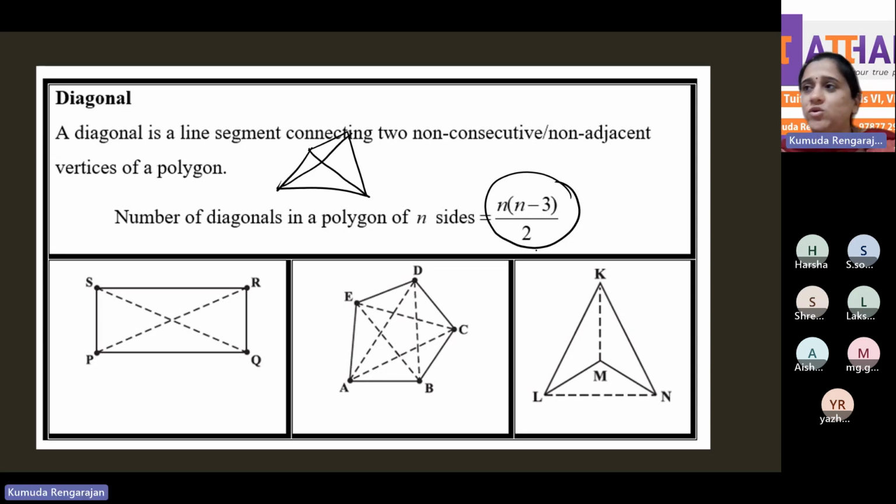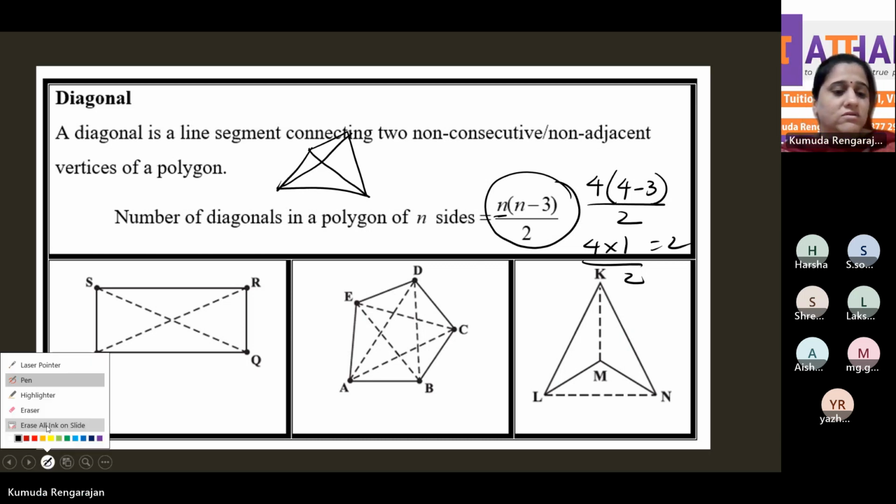So how do you find that using this formula? N is 4, because in this formula n stands for the number of sides. So 4 into 4 minus 3 divided by 2. So 4 into 1 by 2, 4 by 2, 2.